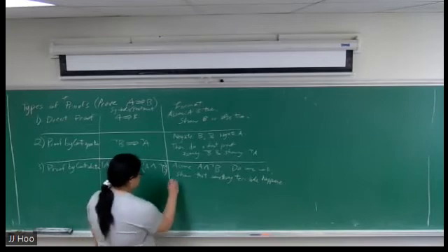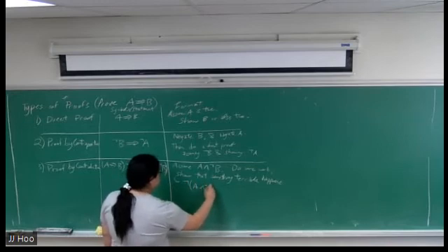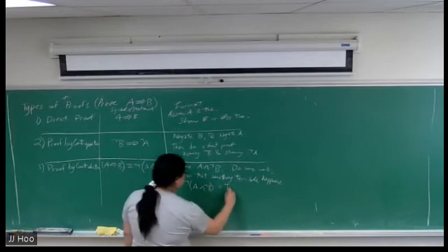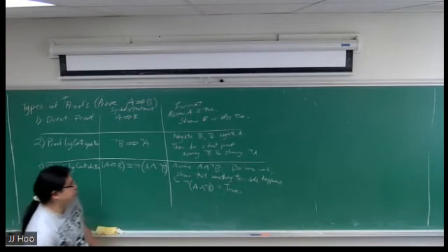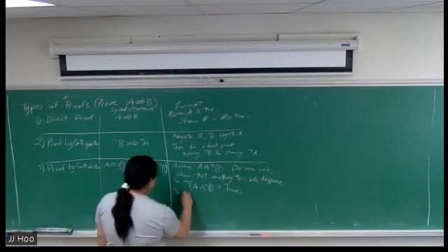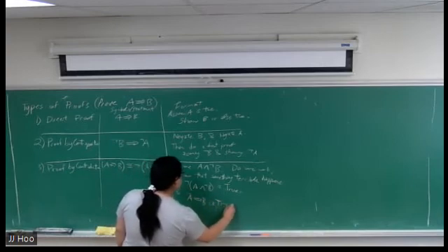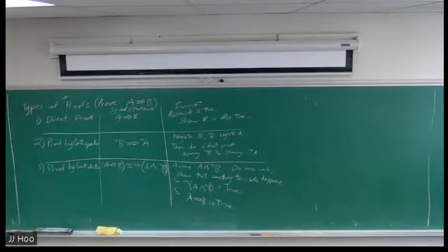But that means that if this is false, then the negation is true. But this is logically equivalent to the implication. So A implies B is true. So this right here is just to show you the format of how you would think about it and why a proof by contradiction works, right?